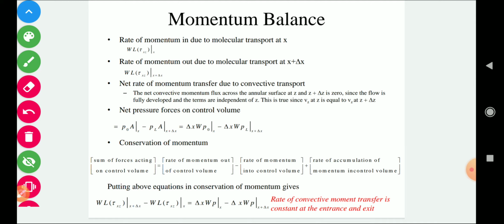The rate of convective momentum transfer is constant at the entrance and exit, so that term will be 0, and it only has the molecular transport term and the pressure term.